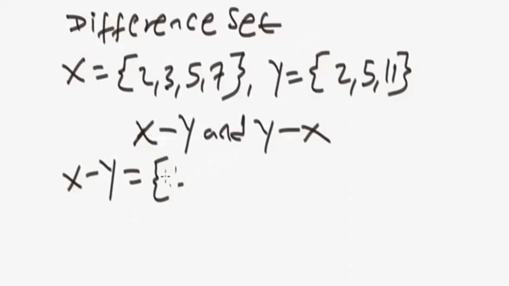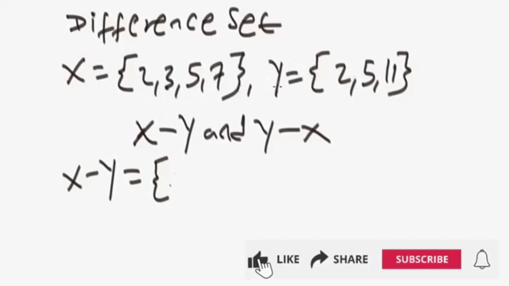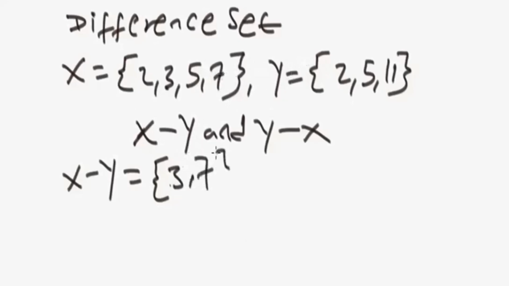We're going to clean the 2 and put the ones in set x that are not in set y. We have 3, so we start with 3. We have 5 in both, and we have 7 in x but not in y. So this is going to be the difference set between x and y.